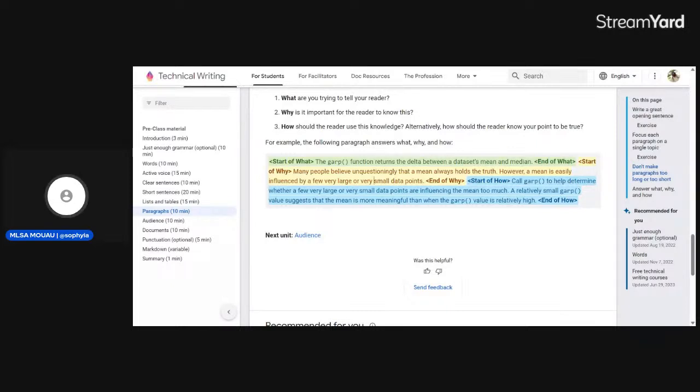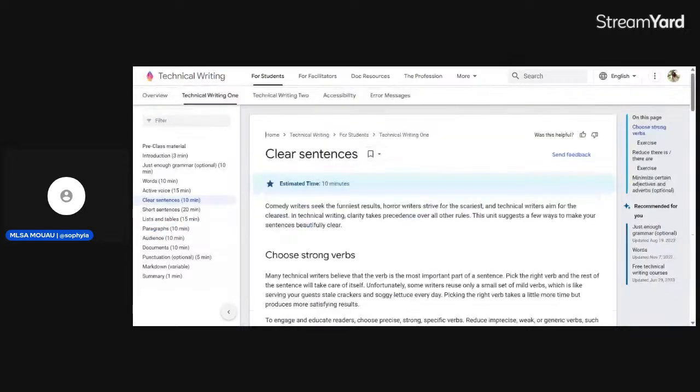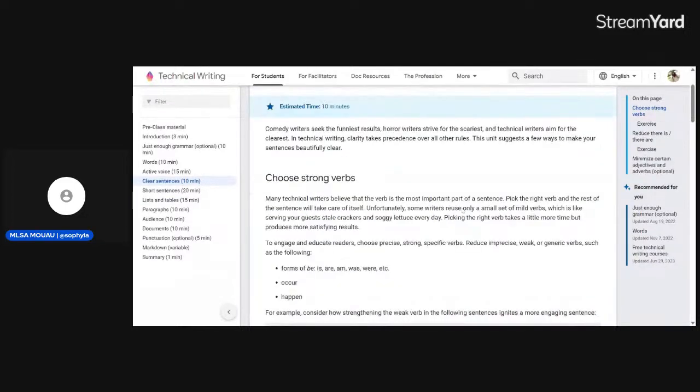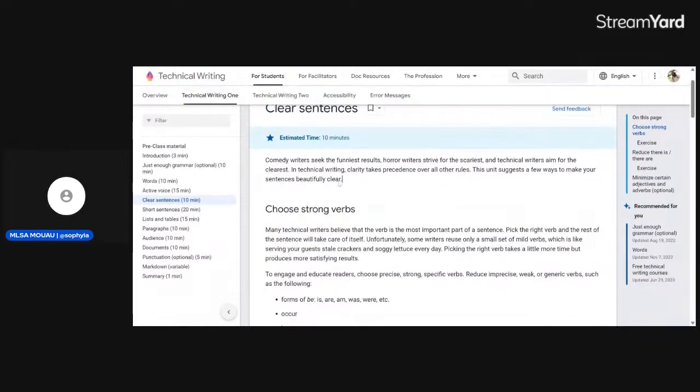So next up, let's talk about writing clear sentences. Right. So here it says comedy writers seek the funniest results, horror writers strive for the scariest, and technical writers aim for the clearest.